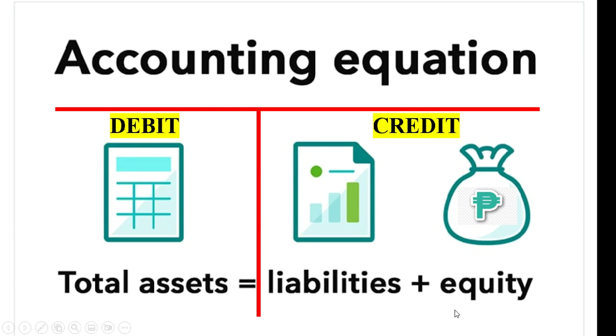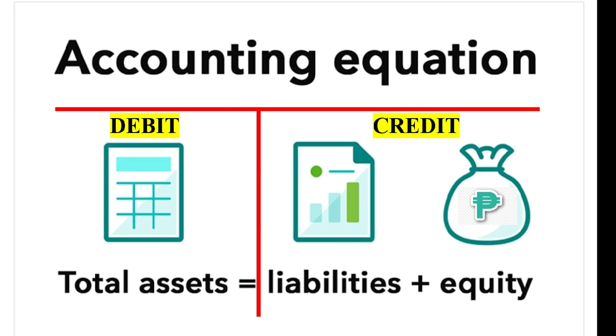And liabilities and equity fall under the credit side. So remember this, because if you can picture this presentation in your mind, you can easily remember the normal balances of assets, liabilities, and equity. Wherever these accounts are placed, that is their normal balance.